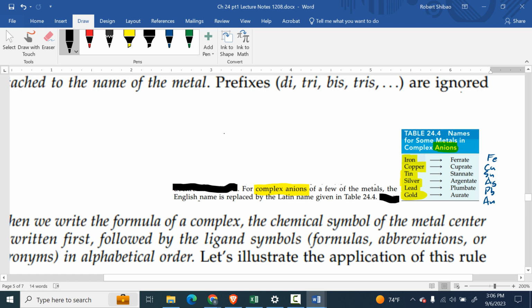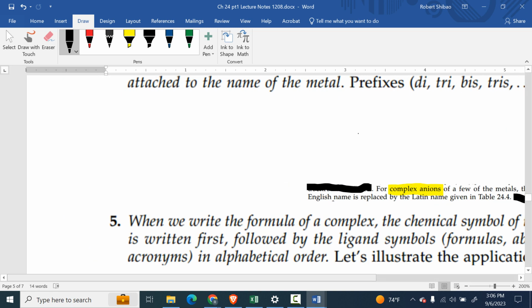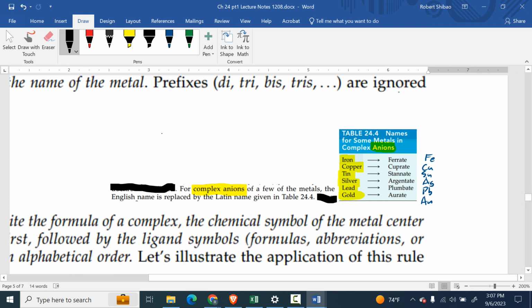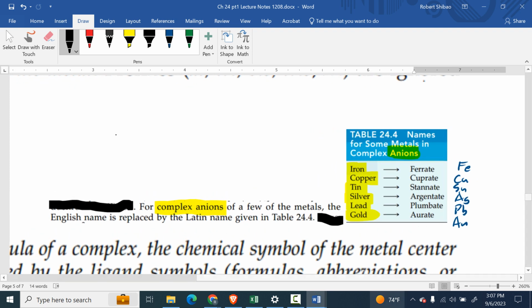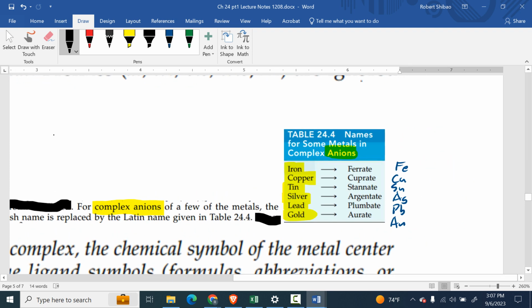We use the Latin name for these. The symbol is based on the Latin name. So iron has a weird symbol, it's Fe. That's because it's ferrium. And so rather than calling it ironate, we call it ferrate.